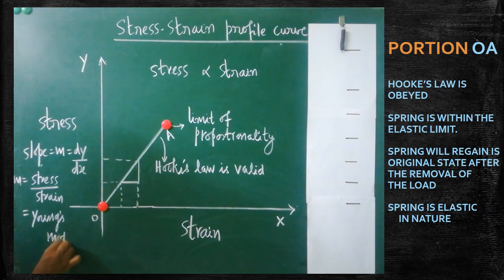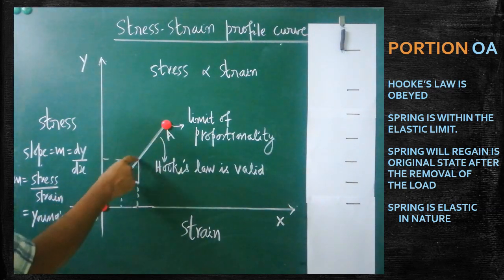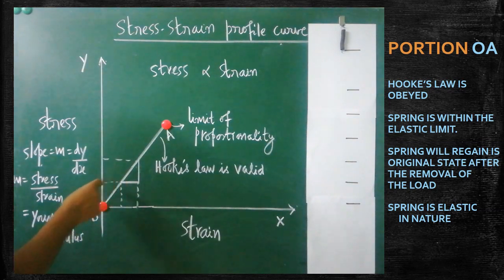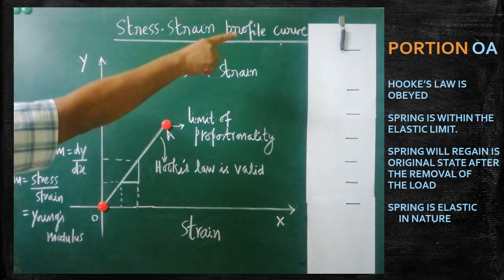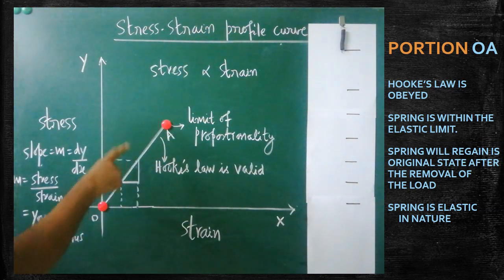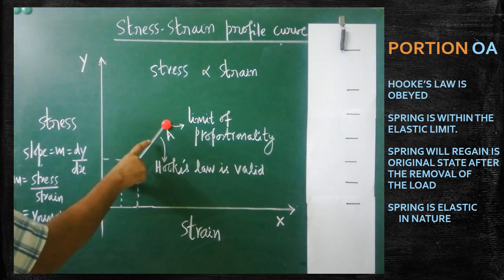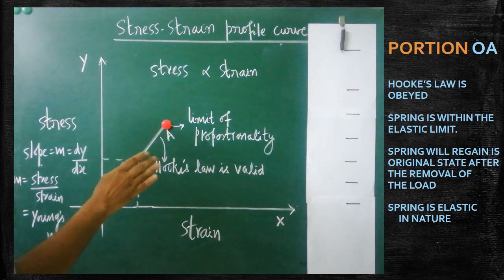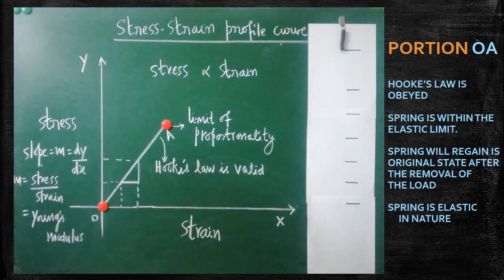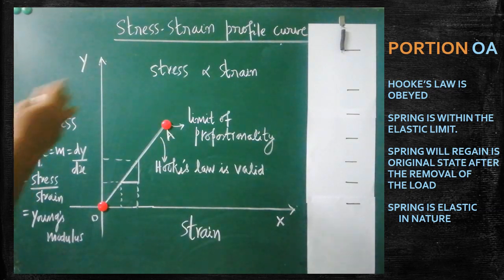Since it is obeying Hooke's law in this region, only here are you able to draw the slope. From this we are able to get the Young's modulus of the spring. So this is the region in which Hooke's law is obeyed, beyond which Hooke's law is never obeyed. That is going to be seen in the next concept.